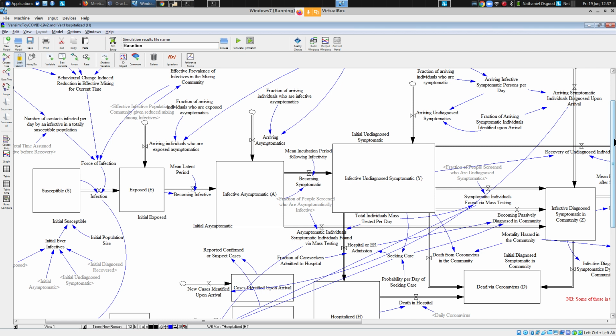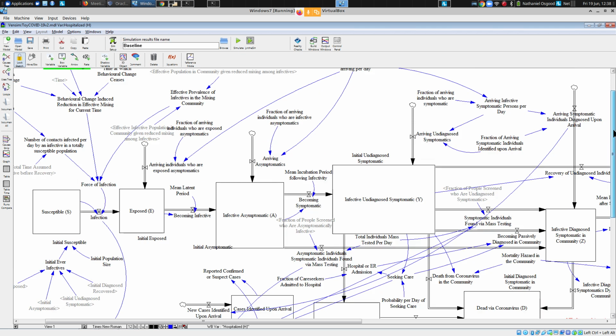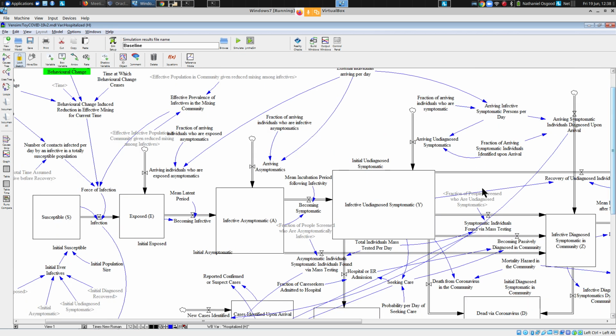Case in point, for a model such as this, we saw some interventions that we characterized, for example, associated with mass testing or shutting down, restricting arrival of asymptomatics, mixing at a broad level within the population.